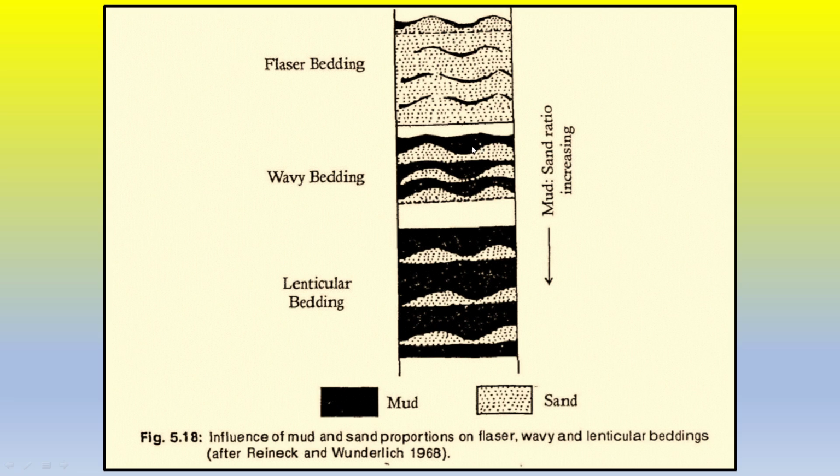Second, mud and sand content are almost similar, the same quantity. In third case you see the matrix is very rich in mud and here some lensoidal shapes of sand deposit are present. So this indicates flaser bedding, this is wavy bedding and this is lenticular bedding and this represents tidal flat.